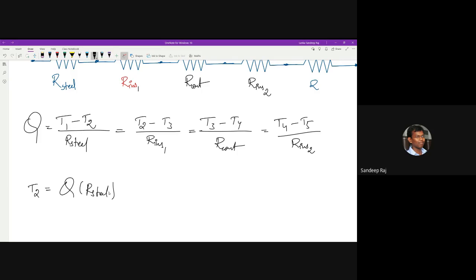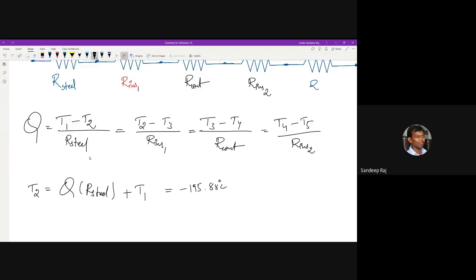Wait. This is R steel. So plus T1 you will get. So you substitute the values. The T2 value should be minus 195.88 degrees centigrade.